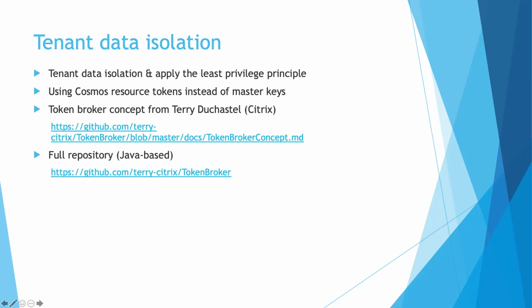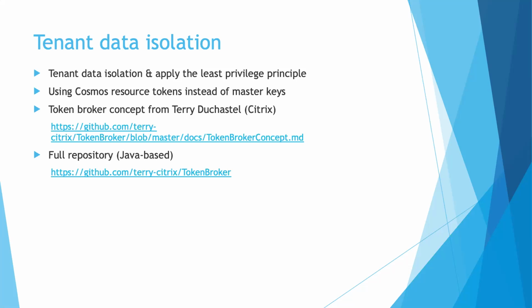Very briefly, the crux of this is, instead of using master keys to access your data, so if your service tier uses Cosmos DB master keys, rather use resource tokens instead, and those resource tokens can be quite narrowly scoped to only access one particular tenant's data. Let's explore this link quickly.